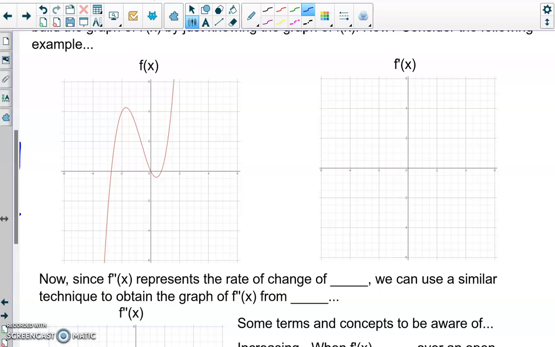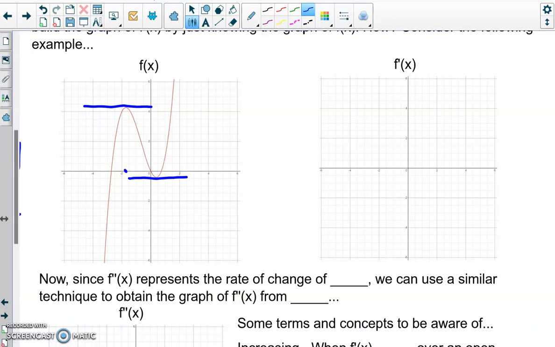So let's start out by looking at where the slopes are 0. So your horizontal tangent lines have slope of 0, and there's 2 places on this x cubed looking graph that I have a slope of 0. I got one right here at this x value.